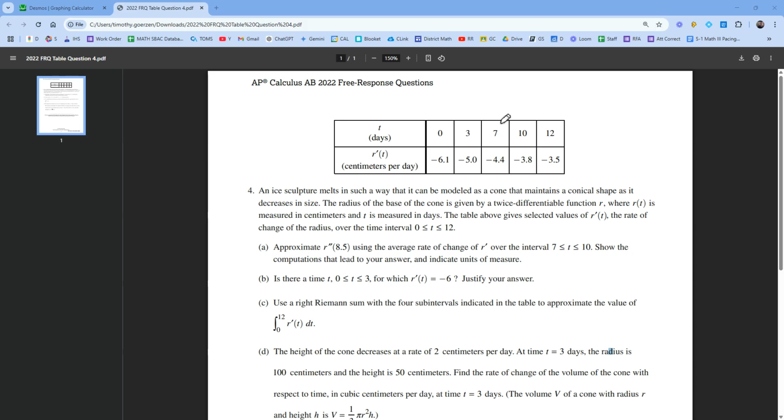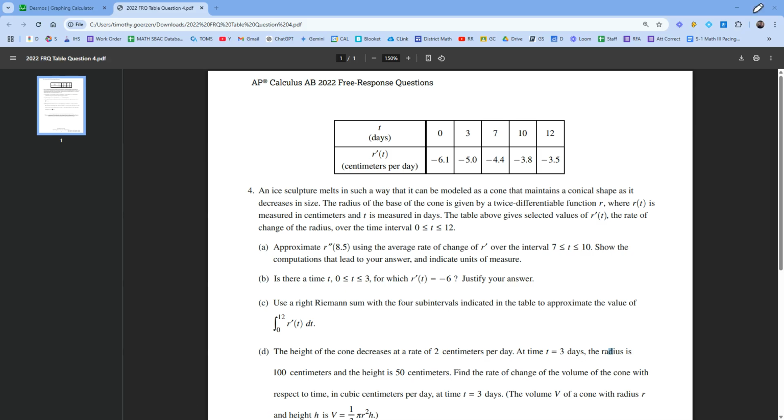And then in the denominator will be your x values or t values, which is 10 take away 7. You do not need to simplify it. And what unit would you have if the table is a rate in centimeters per day and you take the derivative of a derivative? That would be centimeters per day per day.